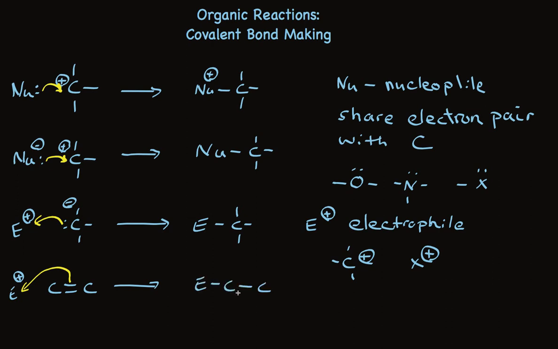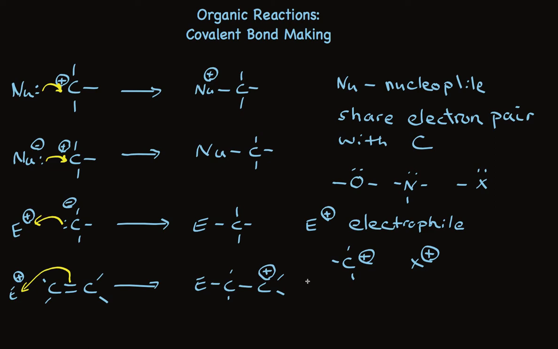And there would be a positive charge on the carbon that lost the pi electrons. And of course, carbon would need to have other things attached, so you better put them in for clarity. And so here's another common way for bond making in organic chemistry, an electrophile reacting with the pi bond.